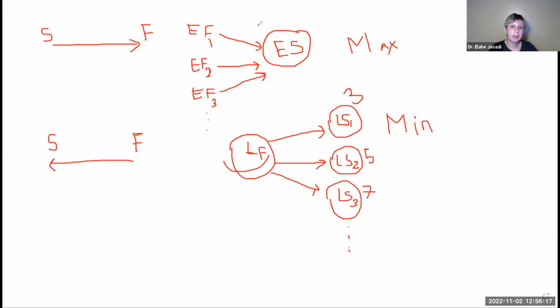I want you to maybe add a note about this to your cheat card, or just try to make sense of it in your own way, so you don't confuse these two. Here, looking at early start; here, looking at late finish; here, looking at predecessors; here, looking at successors. Here looking at the early finish; there, you're looking at the late start. So with that note, I'm going to go back to our file and continue working on that.